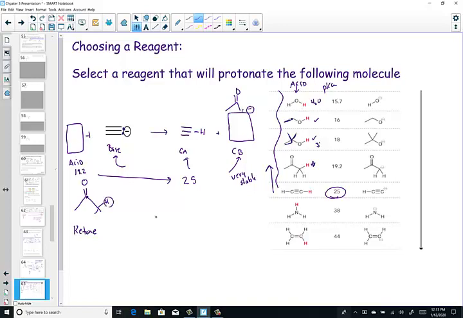When I remove this proton, I come up with a conjugate base that will be resonance stabilized, and that's also favoring the right side of the equation. So any acid that has a pKa showing a stronger acid, meaning a smaller number, will be a successful reagent in putting the proton back on. And so I just used a pKa chart. What would not work is picking an acid that's too weak to be able to protonate that acetylene.